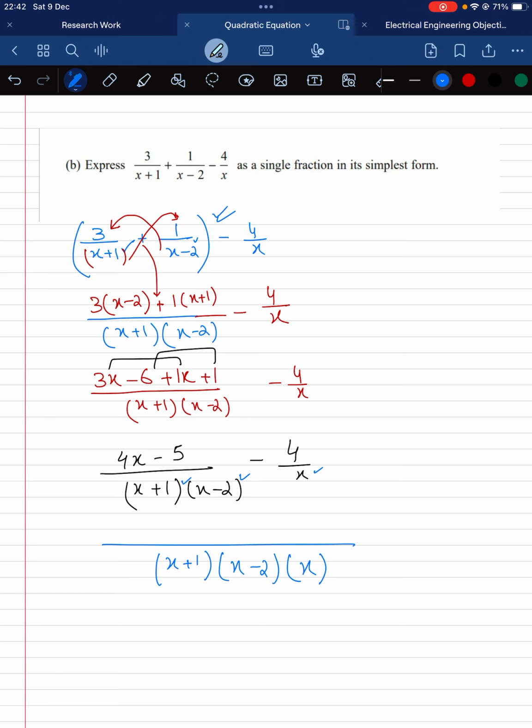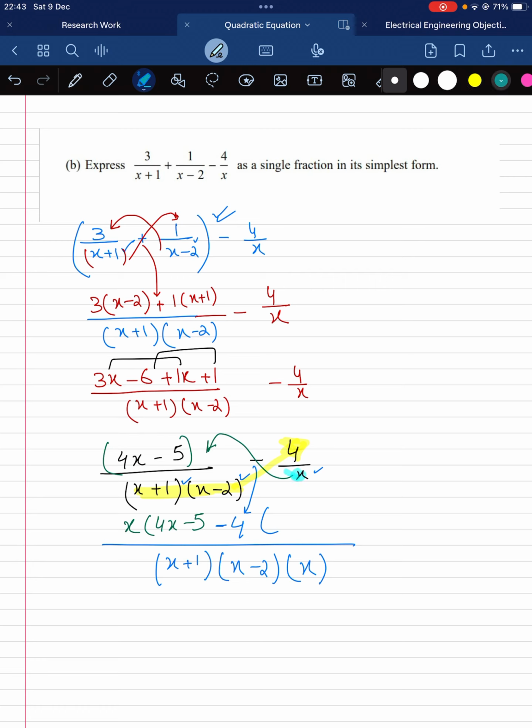Now we know that this term will be multiplied with this term, so x into 4x minus 5. Then the inner sign is negative, so we put the same negative, then 4, and this term will multiply with this number, right? Because we are cross multiplying them.